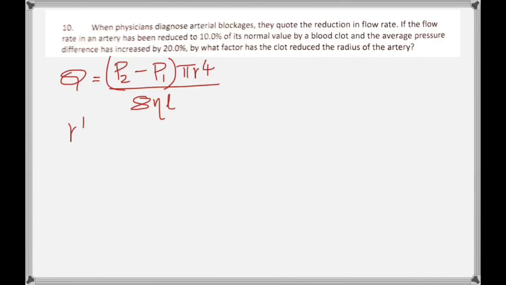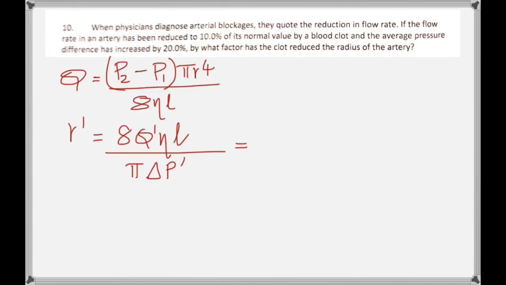So look at what I'm doing. I'm making the radius the subject. I put P2 minus P1, which I just wrote as delta P. It's the same thing, I rearranged it. But this has to be raised to the power 4 because r raised to 4 is there. And I put r prime, Q prime, and delta P prime to show the three quantities that changed.